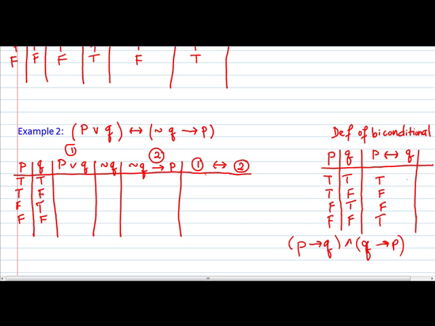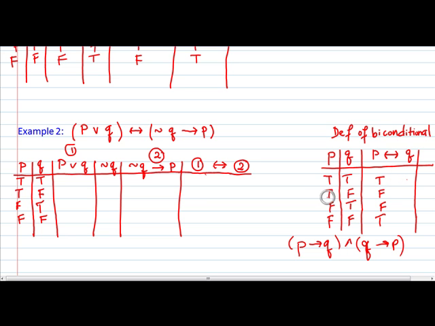So here is the definition of the biconditional statement. If P is true if and only if Q is true, it's a long way to read it, but this means "if and only if." So P if and only if Q. If true if and only if true, then the whole statement is true.